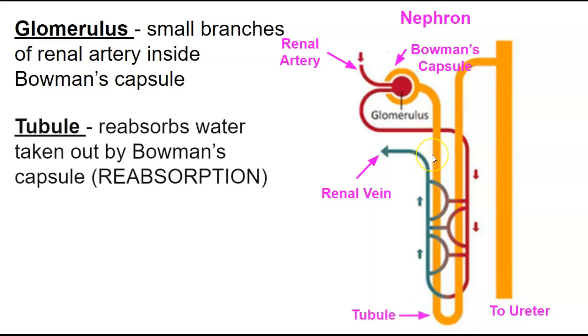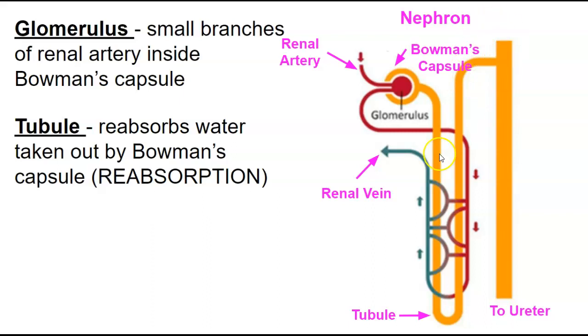This is our waste. It's going to reabsorb water. It'll help reabsorb, for example, sugar. We want sugar to be in our bloodstream so that it can go to the rest of the cells. So it's going to reabsorb water and anything else that we think is important to have back in our bloodstream.